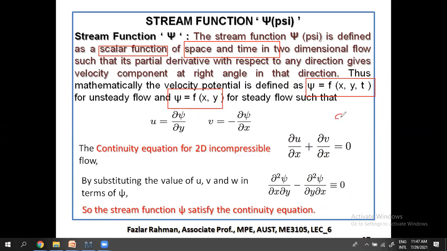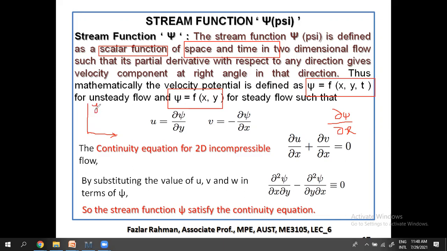So let's figure out, I'd like to say del psi by del x. This is the partial derivative along the x-axis. So what will it give us? A partial derivative with respect to any direction gives the velocity component at right angle to that direction. So along the x-axis, I am taking the derivative del psi by del x. What will be the right angle direction?